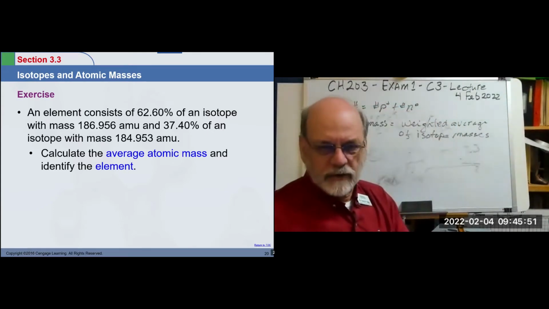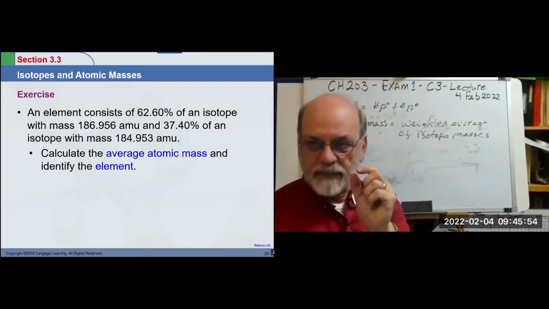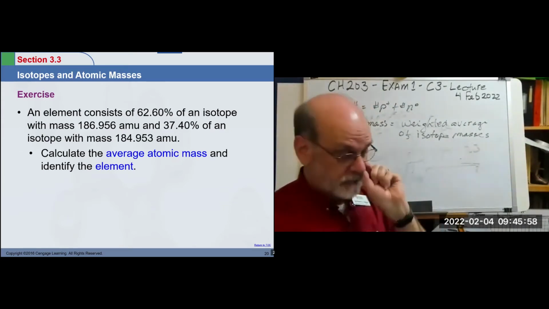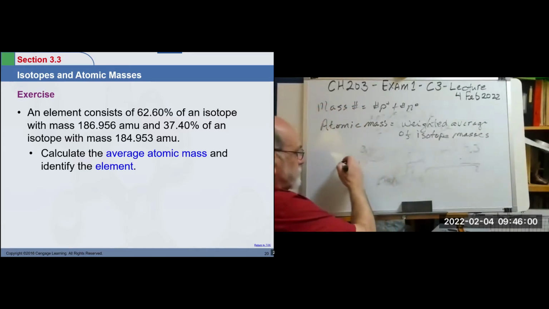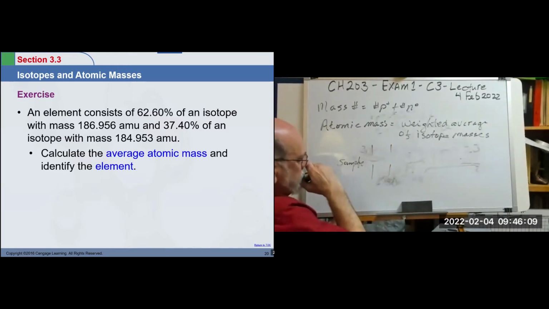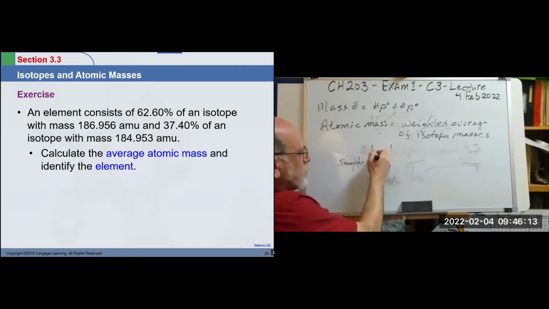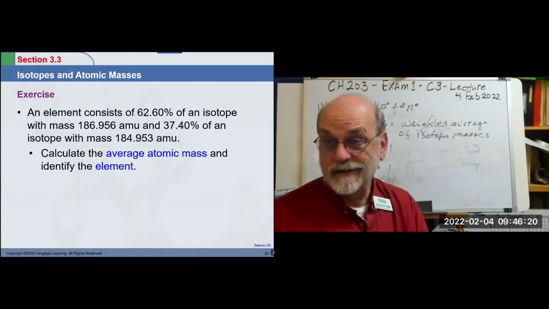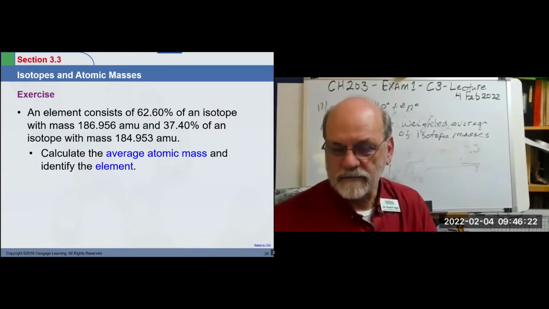A mass spectrometer will take a purified element with all of its isotopes, and the sample will be bombarded, usually with electrons.